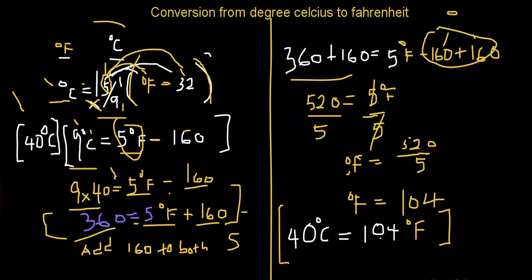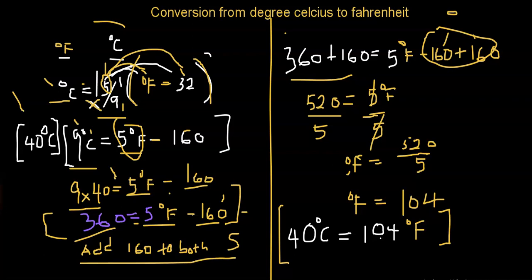But we had it that the sign was negative. So we had to add 160 to both sides of the equation. This is it. Add 160 to both sides.